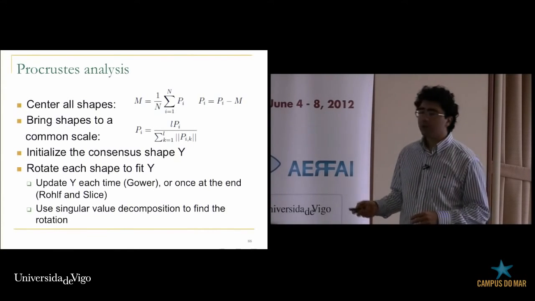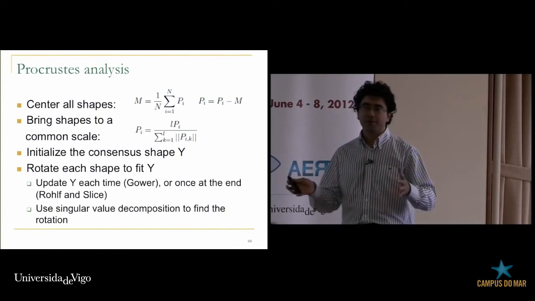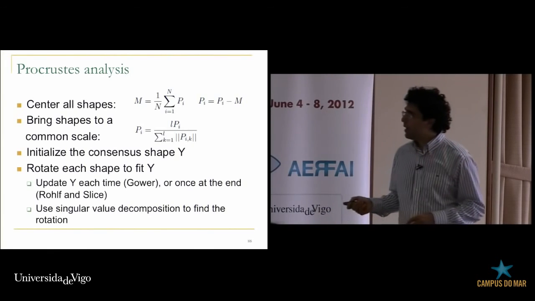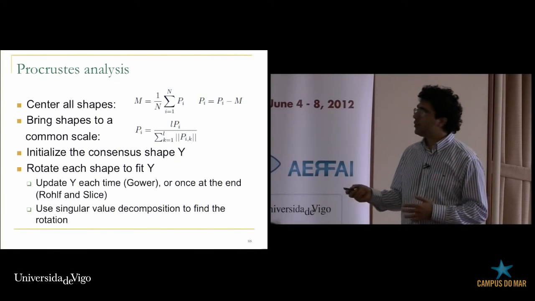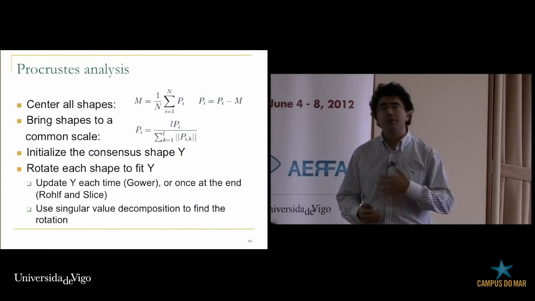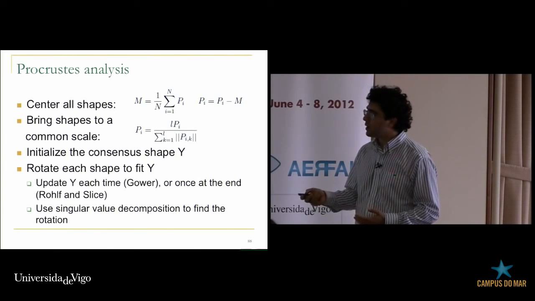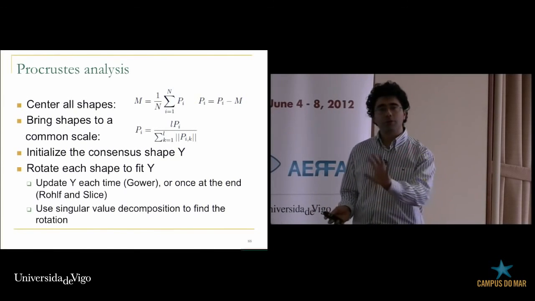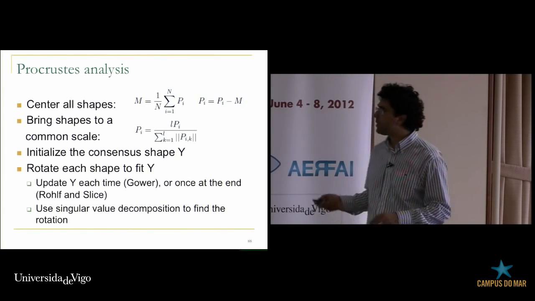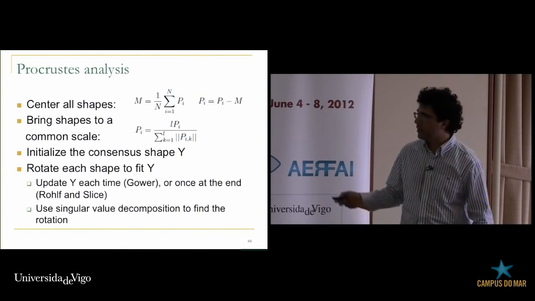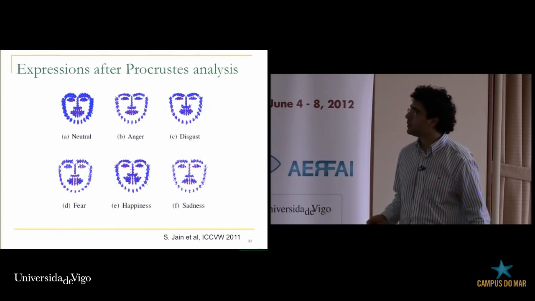You use a singular value decomposition to find the best rotation. And then you update your consensus shape as the average of these shapes. Well, you can update it each time you fit a shape to the consensus shape, or once at the end, like, you know, online and batch ways of doing it.